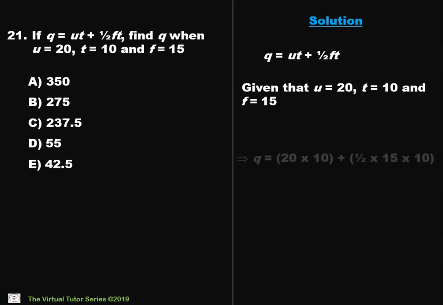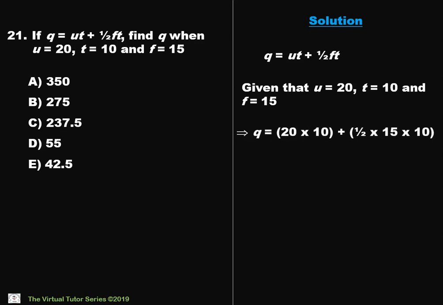We have K is equal to into bracket 20 times 10 bracket close plus into bracket half times 15 times 10 bracket close. This gives us K is equal to 200 plus into bracket 15 times 5. 15 times 5 is 75.